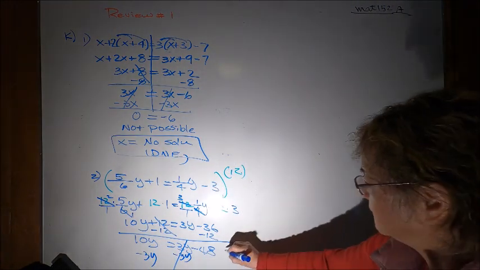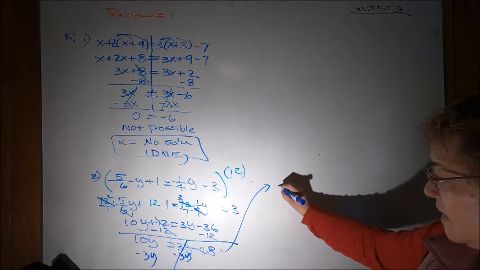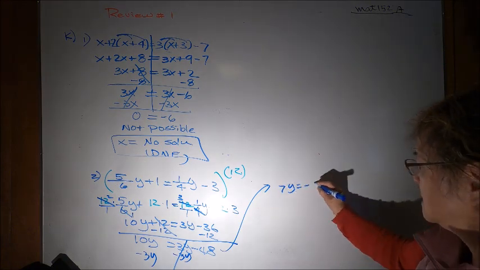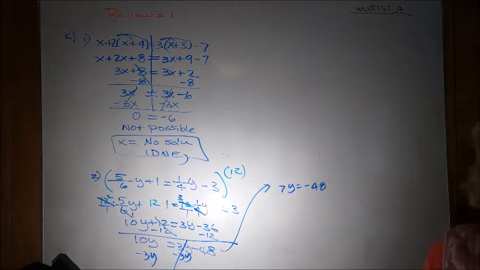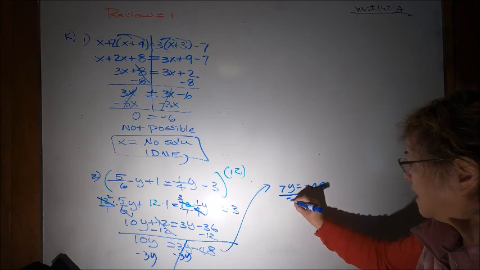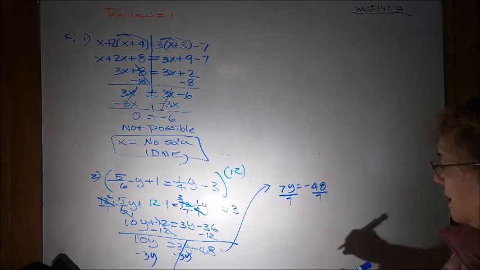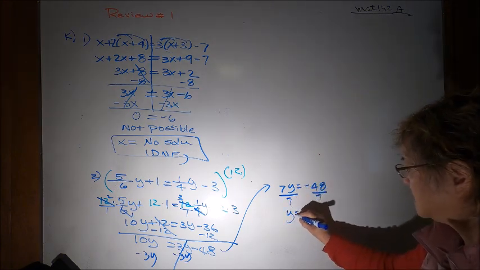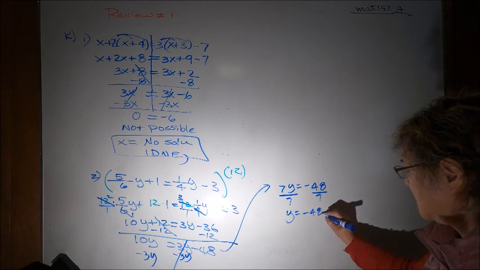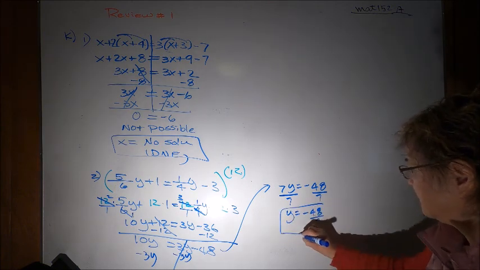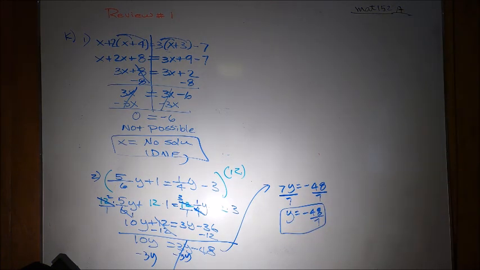Then what do we have? We have 7y equals negative 48, right? And get y by itself, divide by 7. So y is what? Negative 48 over 7. So that would be your answer.